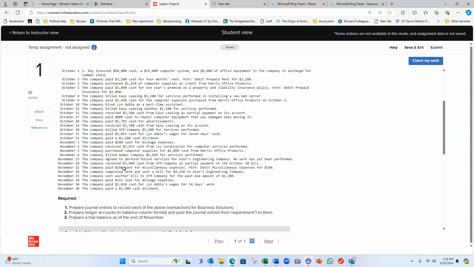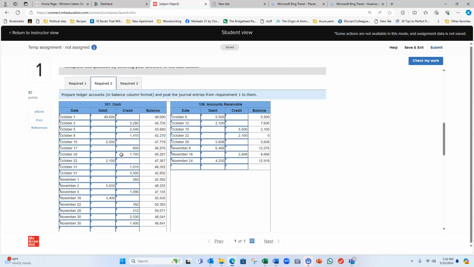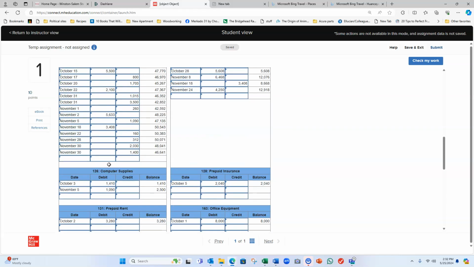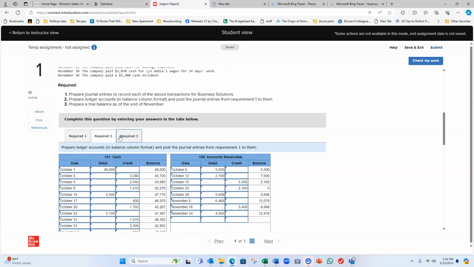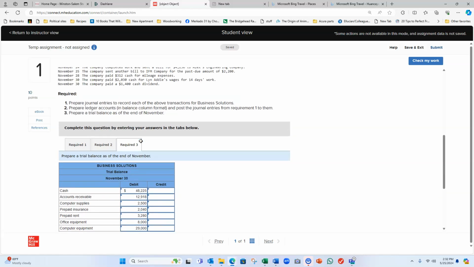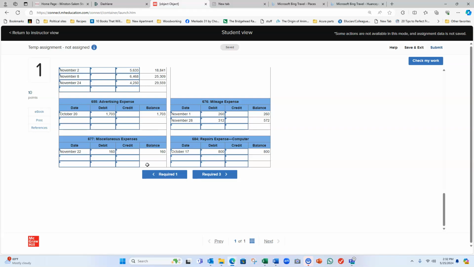Mileage expense will also be another debit balance. Sorry. $572. Miscellaneous expense with a balance of $160, but I'm going to check it to be sure. There was a debit balance of $160. Repairs expense, a debit balance of $800.